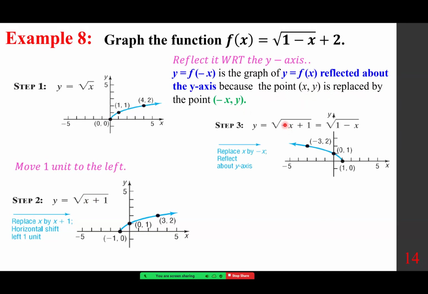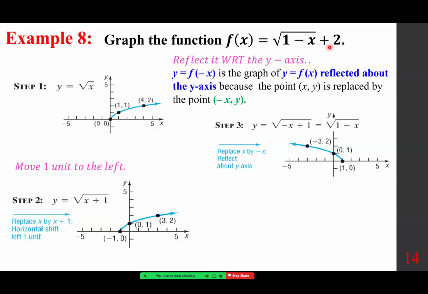And by the way, minus x plus 1 is the same as 1 minus x. Okay, everybody? So again, according to this reflection, we replace the x with minus x. And we know minus x plus 1 is 1 minus x. And therefore, reflection about the y-axis.